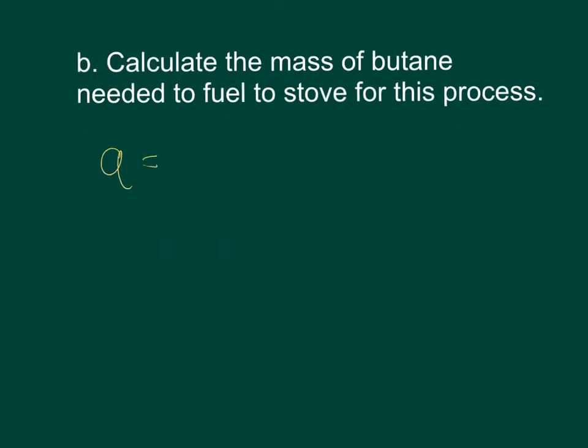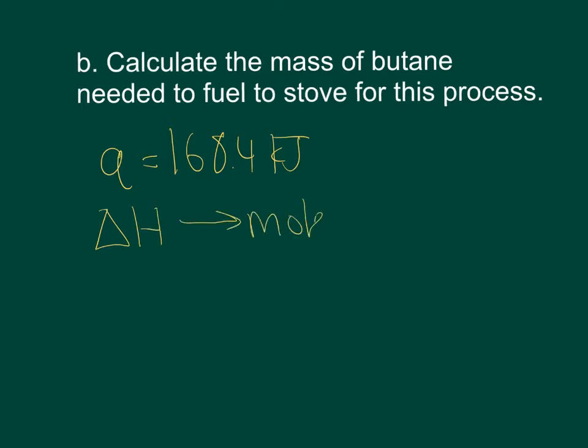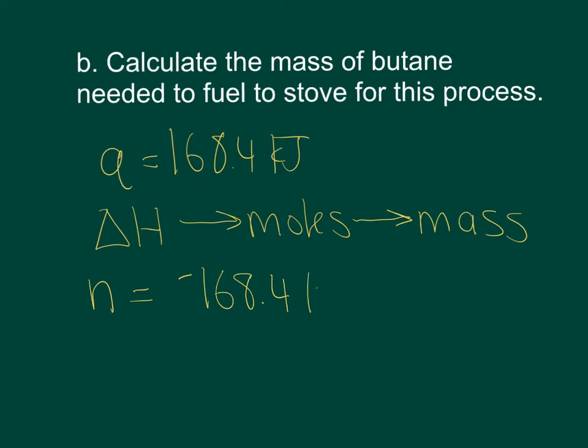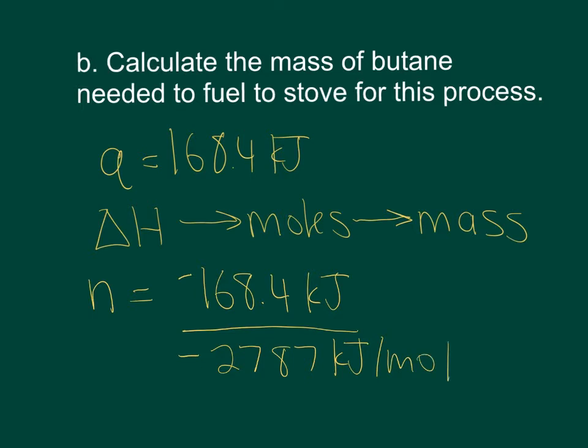Now that we have our Q, which is 168.4 kilojoules, we can use the heat of combustion to find the moles of butane, and from that, we can get the mass using molar mass. To find n, our moles, we need to divide negative 168.4 kilojoules, which is the Q, by negative 2,787 kilojoules per mole, which is our heat of combustion.